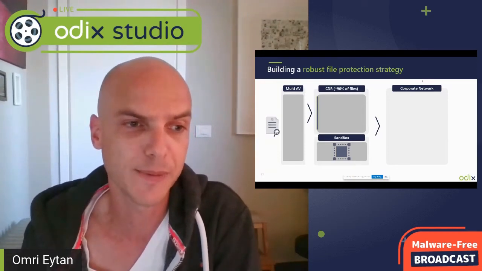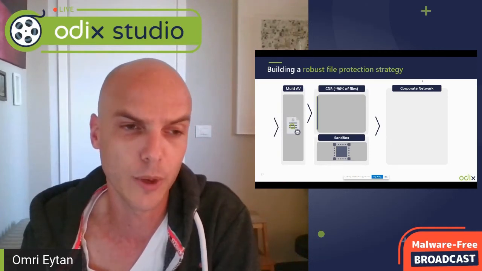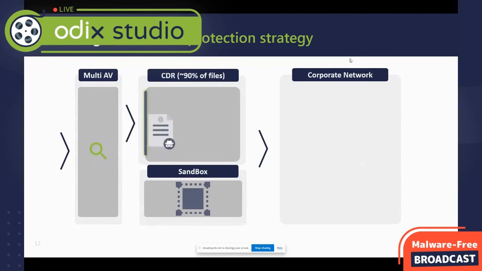So file comes in, multi-AV scan on the way. Once it's done, the file goes into CDR, is disarmed and reconstructed, and goes into the network. And this is the case where the file type is supported by the CDR engines.